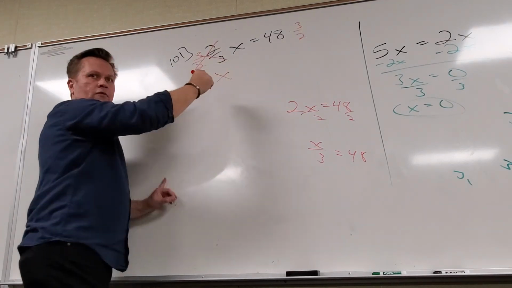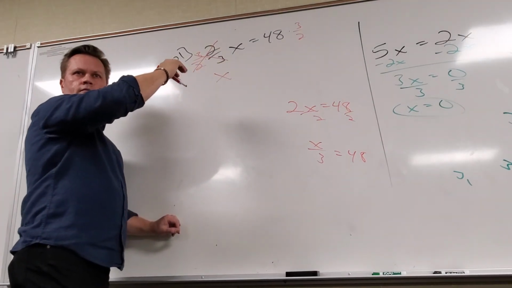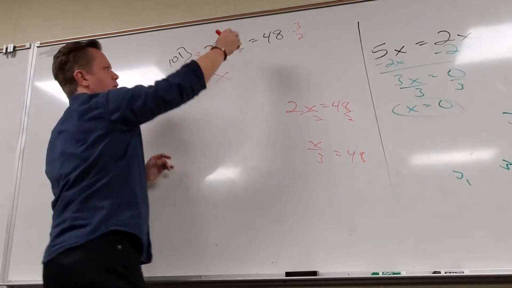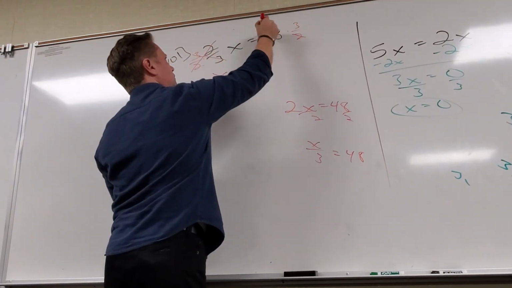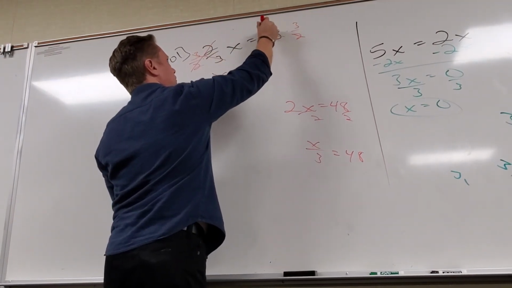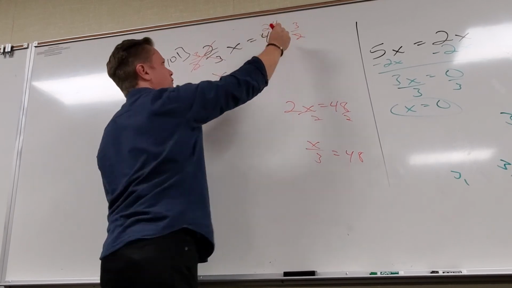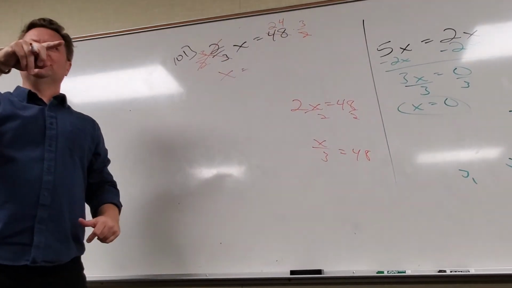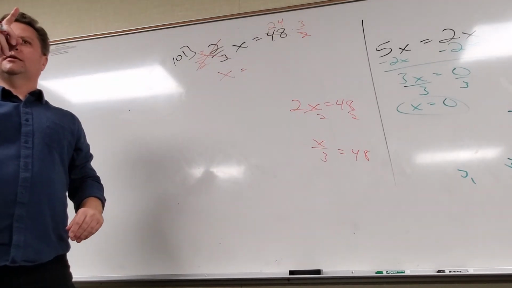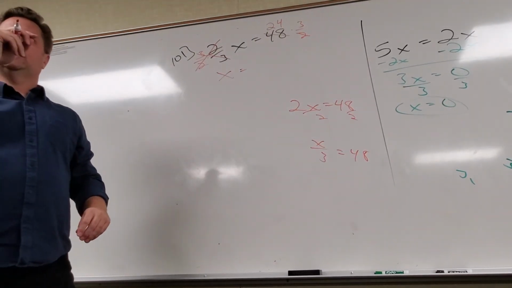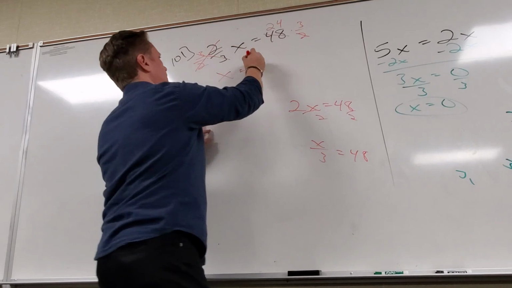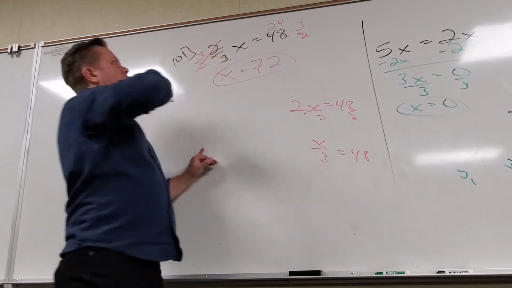And I get x by itself. And then what 2 goes into 48? 24. 24 times 3. 72.